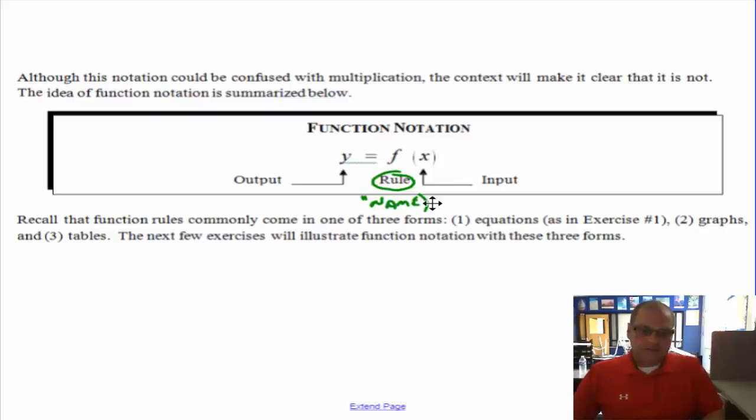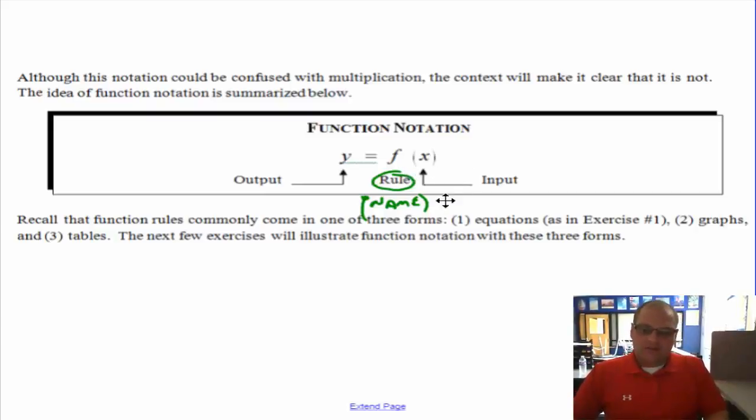And every function has a name. It has f, g, p. It can be called any letter. So that's the name of the function. Whatever comes after the name, that's just the input value. So it's normally an x. Almost always you're going to see x. So it's f of x.